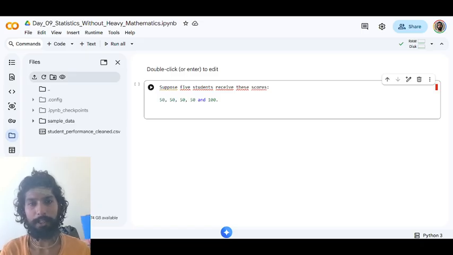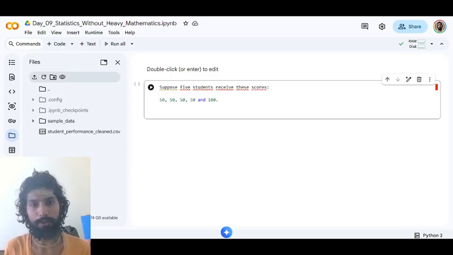What would you say is the typical score? Most students score 50. But let us calculate the average. Add all the scores, that is 50 plus 50 plus 50 plus 50 plus 50 plus 100 equals 300. Now divide 300 by 6. The average is 60.